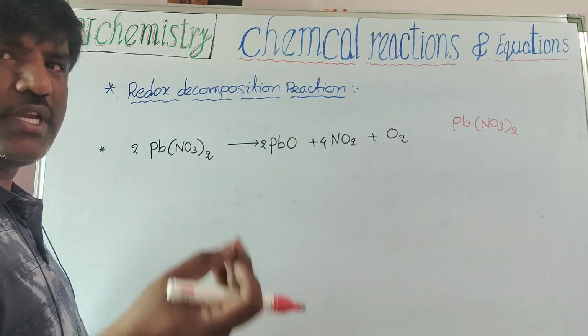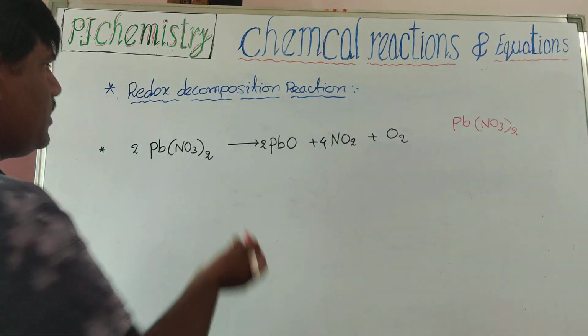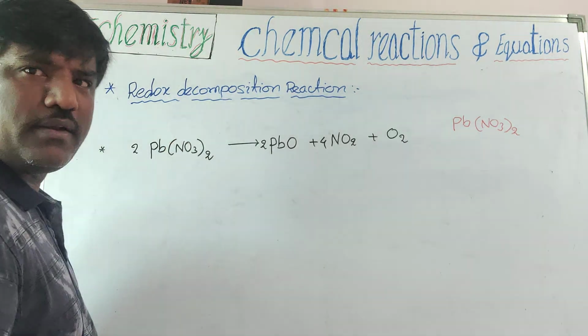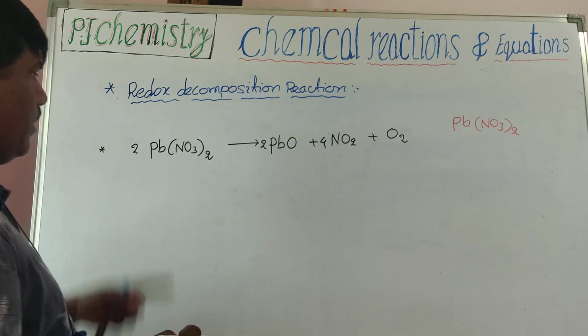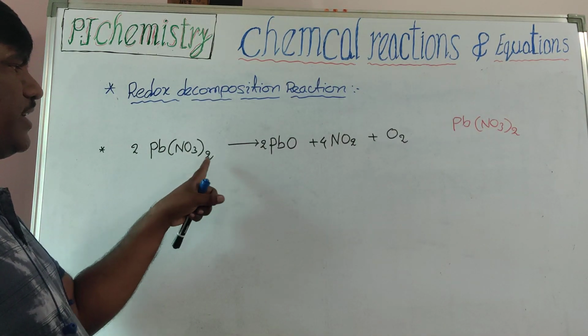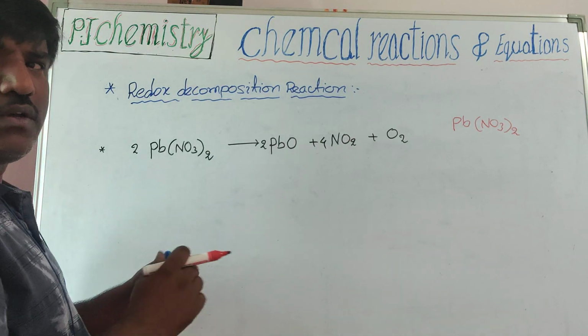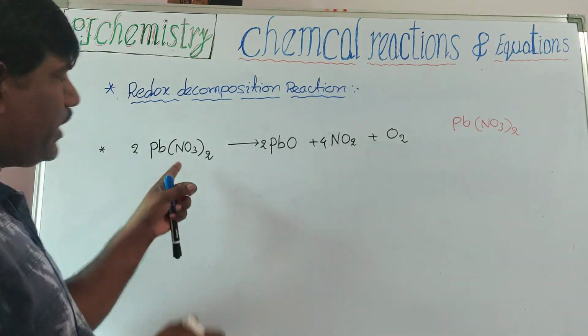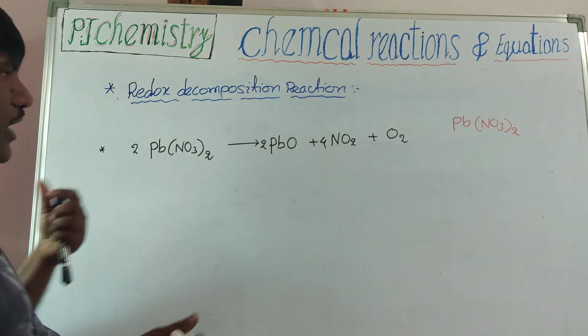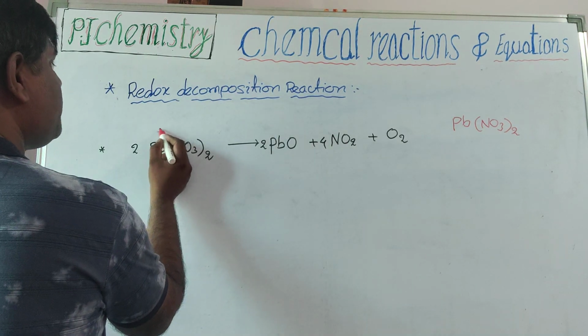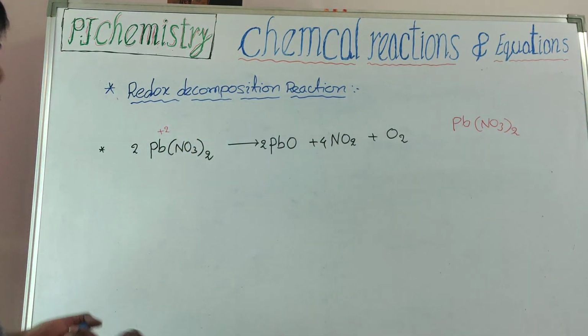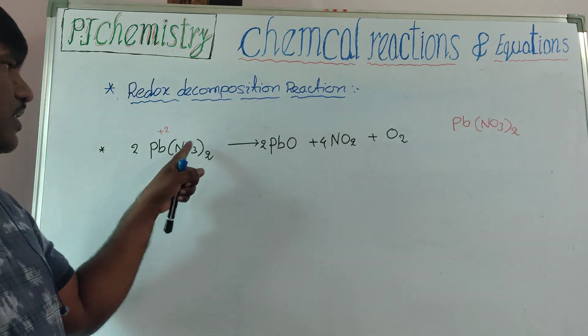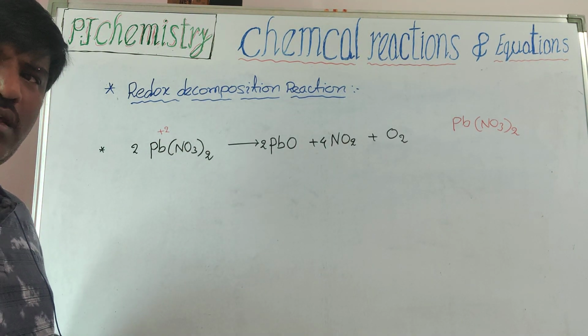Nitrate ion charge is -1. Here two nitrates are there, no? So one nitrate gains 1 electron, two nitrates gain 2 electrons from lead. At that time, lead is +2.